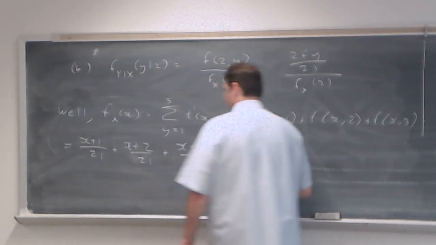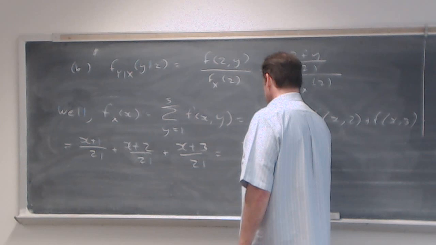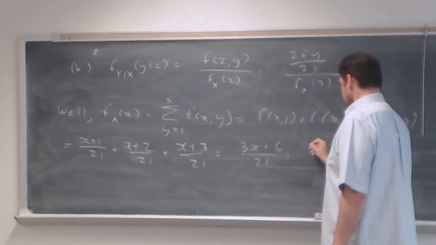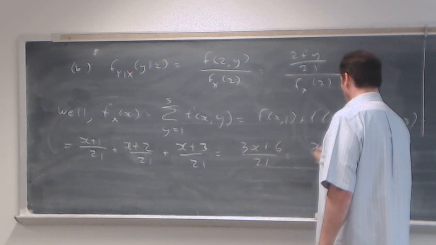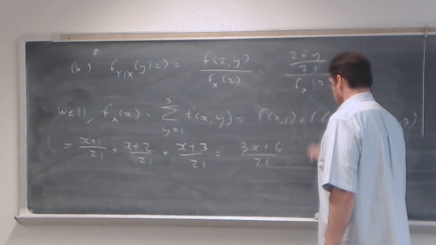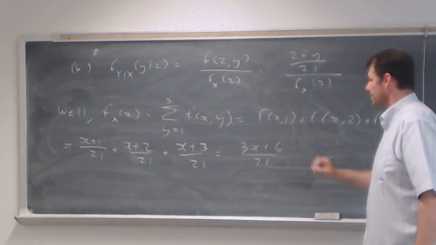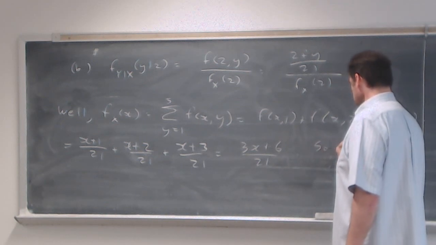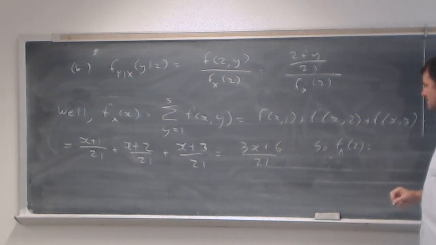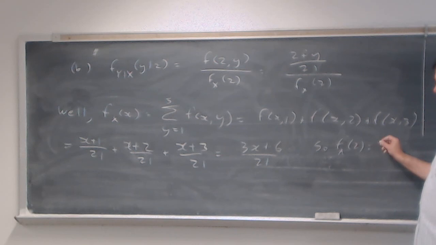When you add those together, you get 3x plus 6 over 21. Of course, 3 can be factored out, so you end up getting x plus 2 over 7. Well, let's just leave it as 3x plus 6 over 21. So f sub x of 2 is going to be 3 times 2, that's 6, plus 6, that's 12 over 21.